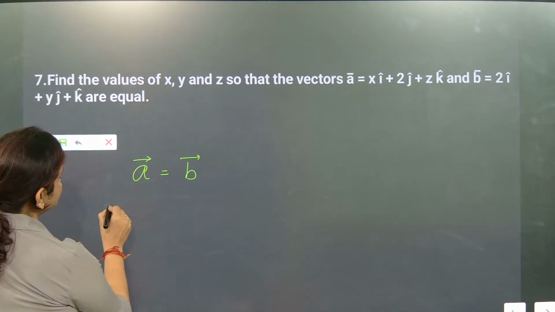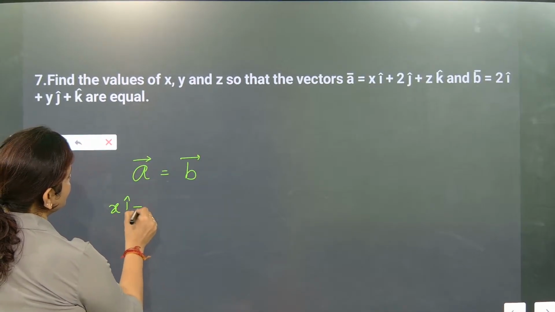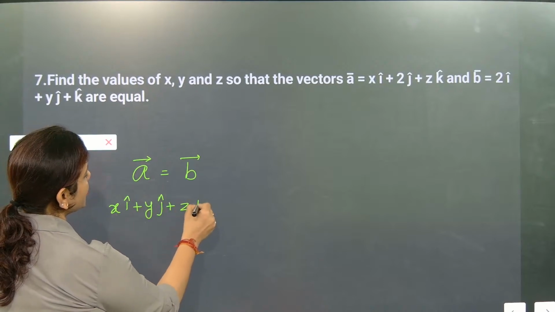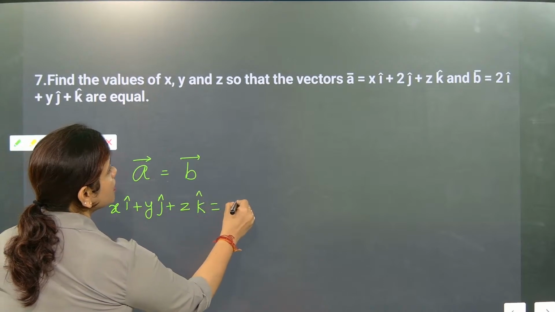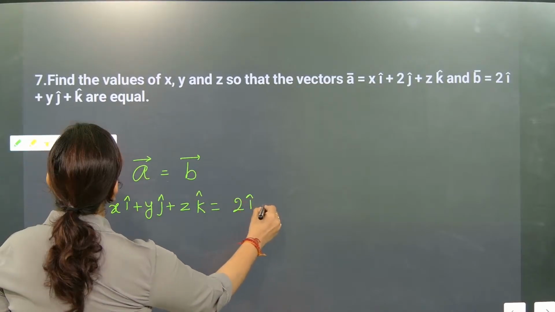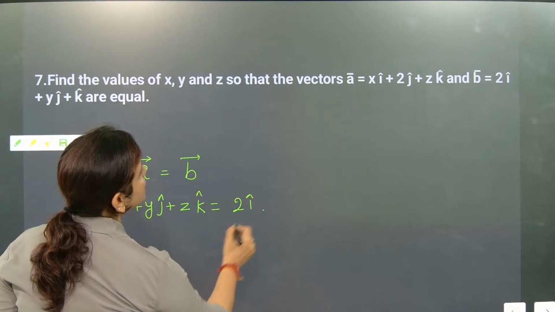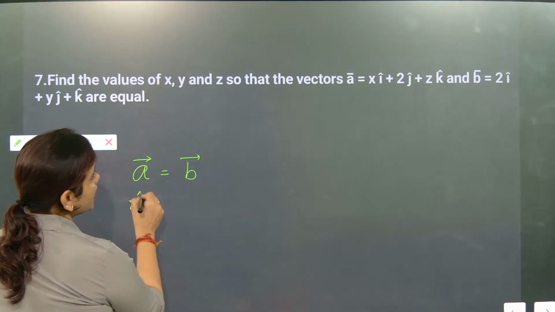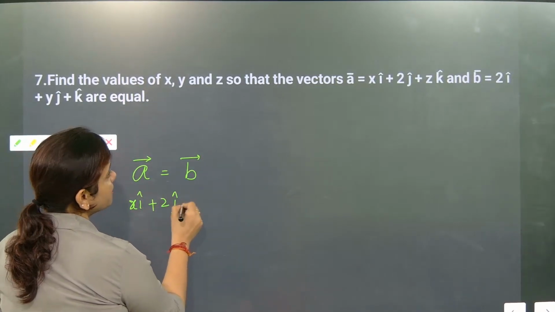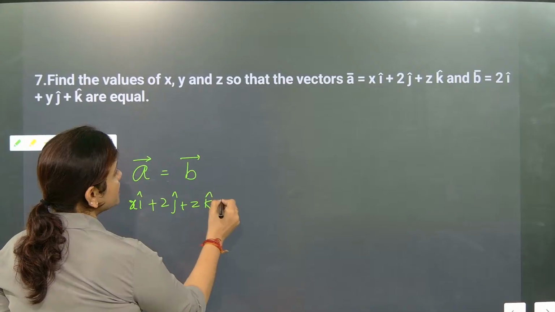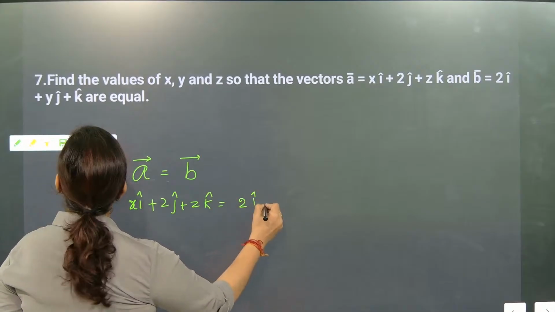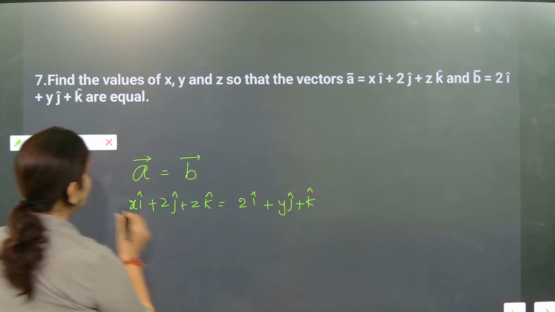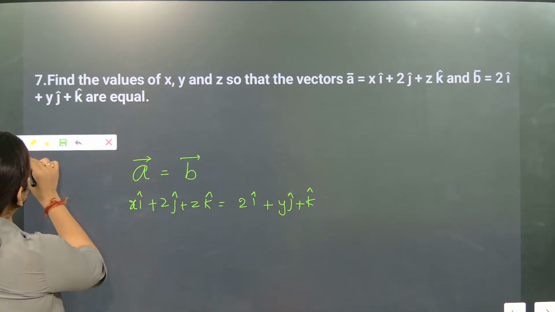Component-wise, it will be xi cap plus 2j cap plus zk cap equal to 2i cap plus yj cap plus k cap. Now component-wise check, which one will be equal to which one?